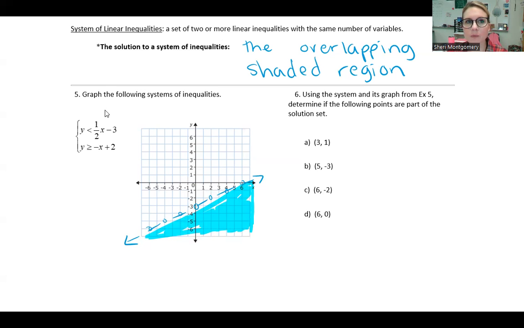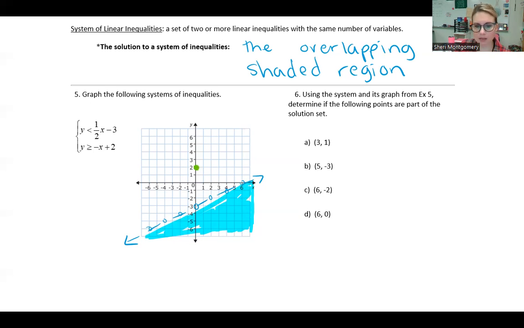I'm going to graph the other one. This one, I'm going to go up to 2 and put a point. This is going to be a solid line because I have the solid line underneath the inequality symbol. And the slope tells me to do what?